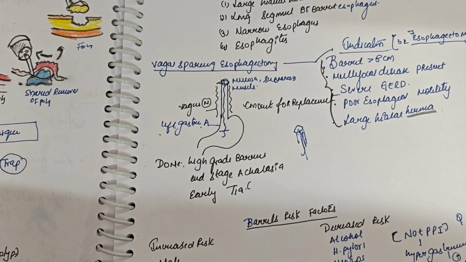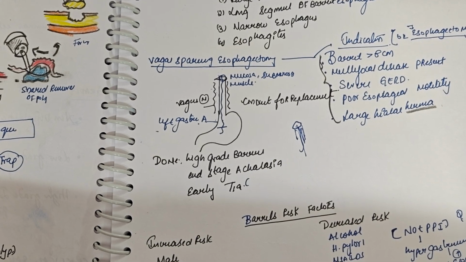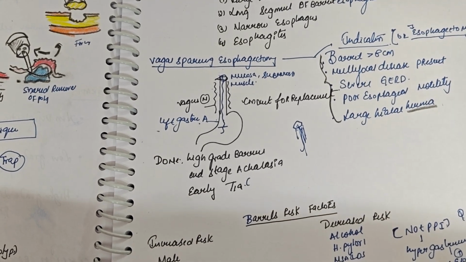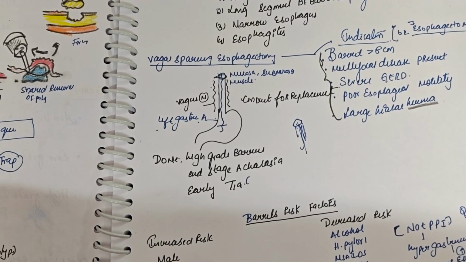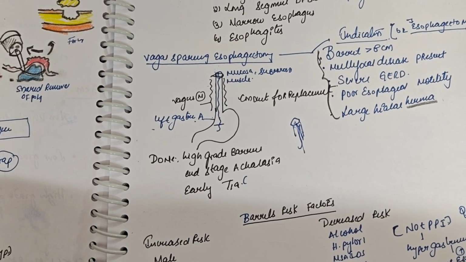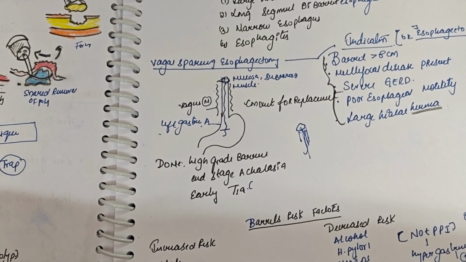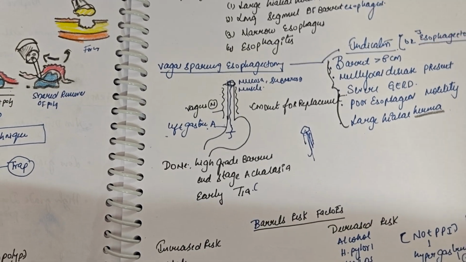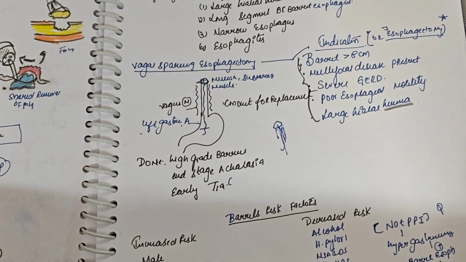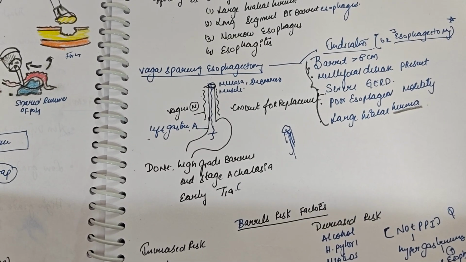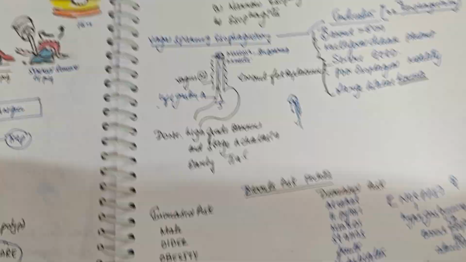Severe GERD, poor esophageal motility, large hiatal hernia: we use it. These are the same conditions where esophagectomy is also used, so that's all you need to understand.